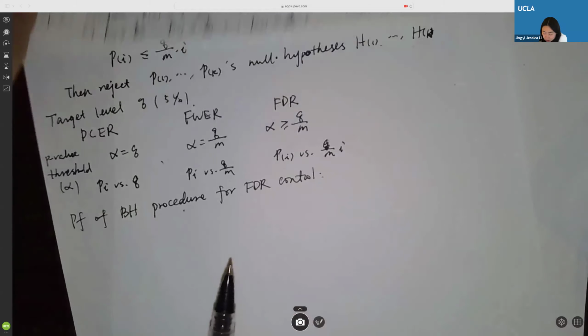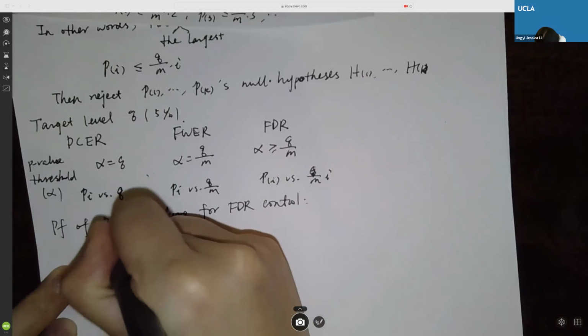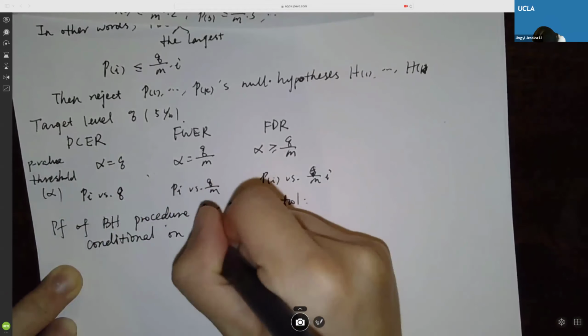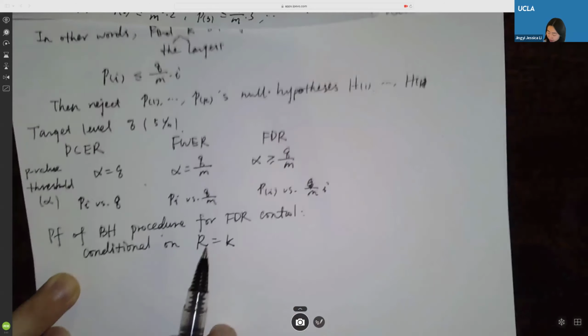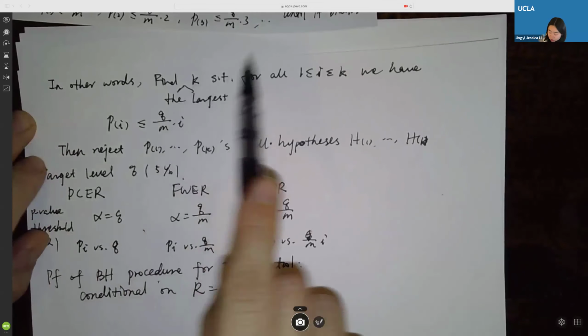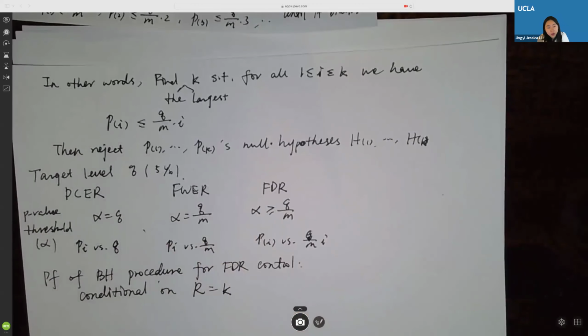So basically, we condition on R being K. And K is where we stop, right? The largest K such that this inequality holds for i from 1 to K. Then we stop there, because when we add K plus 1, the inequality breaks and we don't move forward. So we have K rejections in this case.